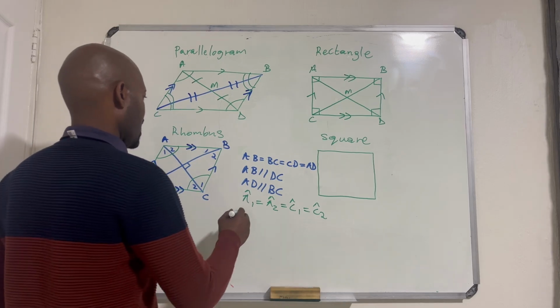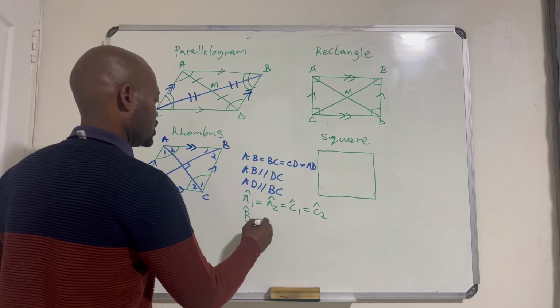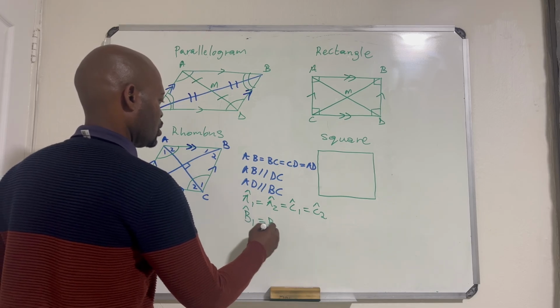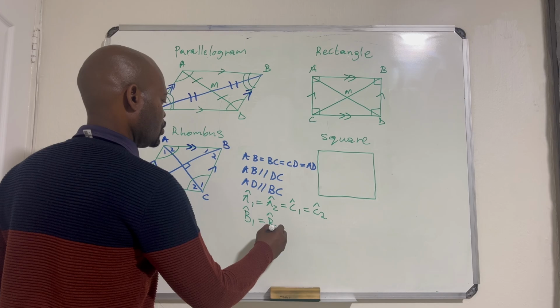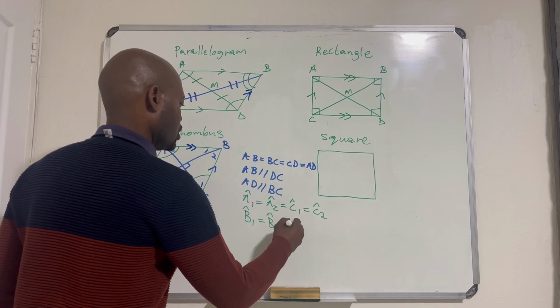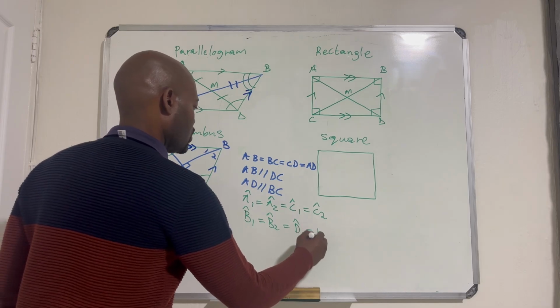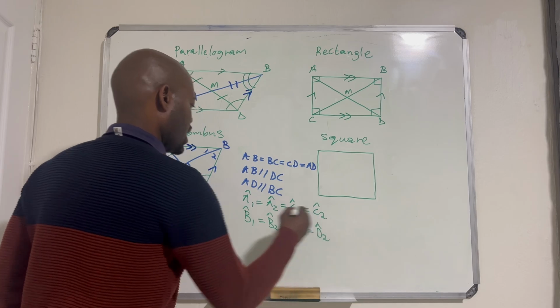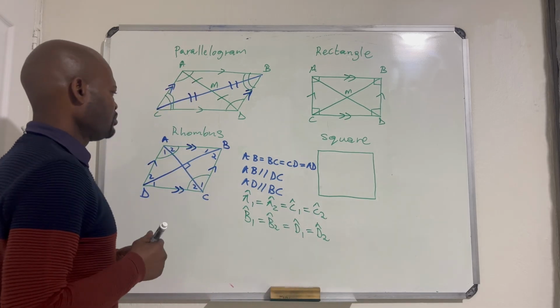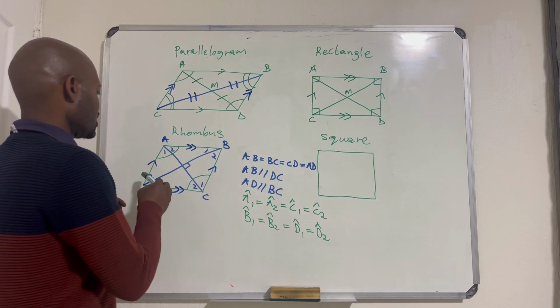Also, angle B1 is equal to angle B2, which is equal to angle D1, equal to angle D2. This simply means that diagonals bisect the angles.